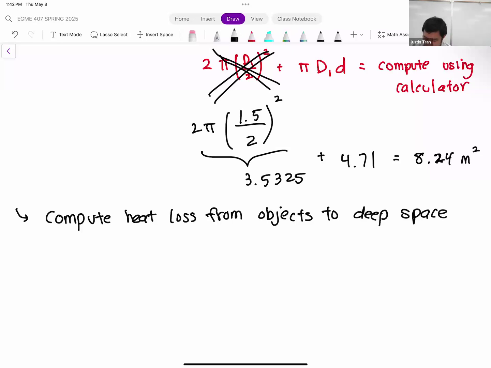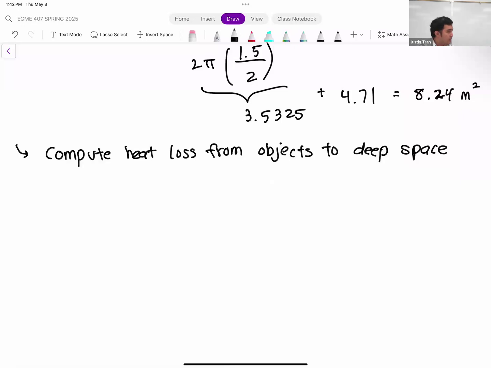Deep space is surface infinity here, so we're going to compute Q1 infinity and Q2 infinity.